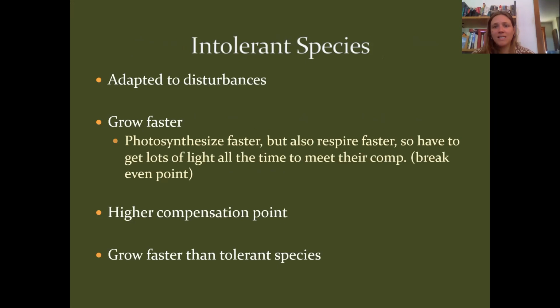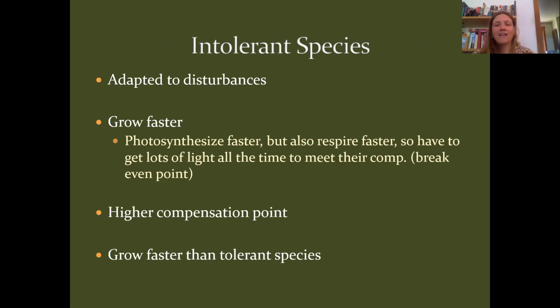These are species that are generally well adapted to growing in areas where there are disturbances that are removing the forest canopy, like fire or something else that opens up the forest canopy. And so these plants, we already mentioned, have an ability to grow faster. They can photosynthesize at a faster rate than tolerant plants can.